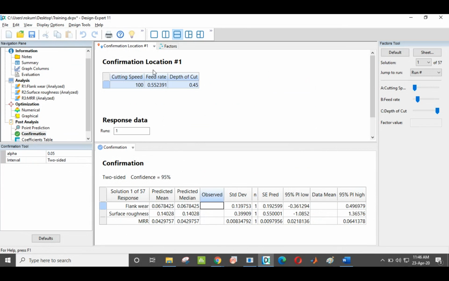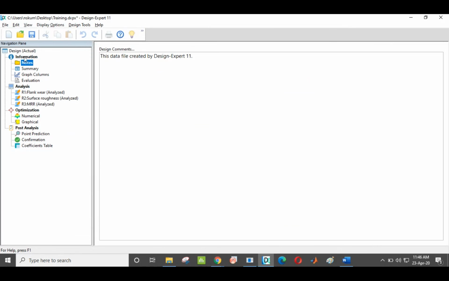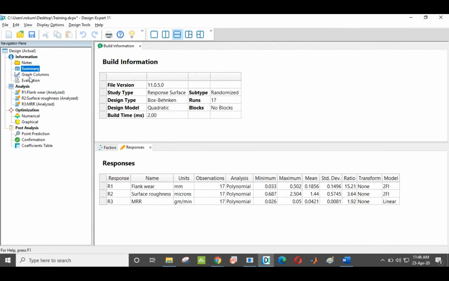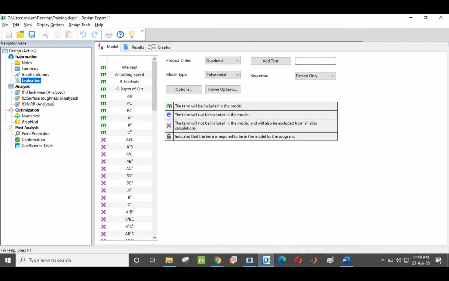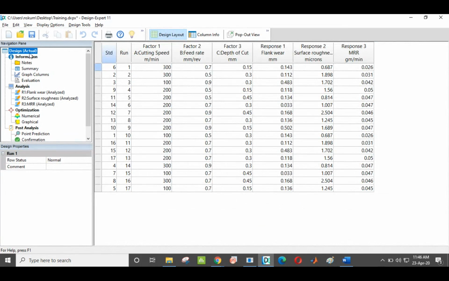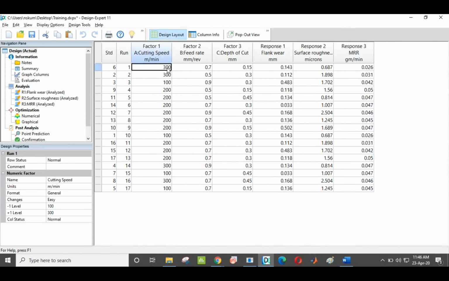The Box-Behnken design, in the information I will go. The design. So I gave the lower and upper values, 100 and 300 only, but the Box-Behnken automatically takes the middle value as the another level value.